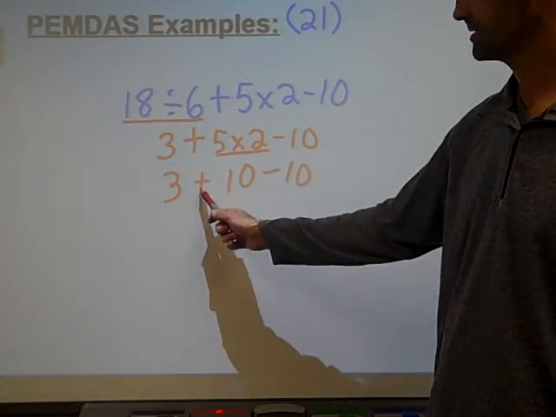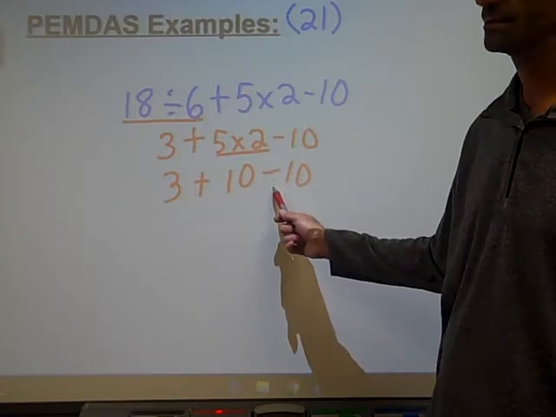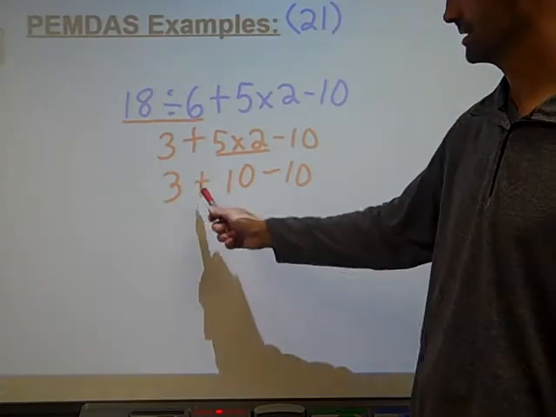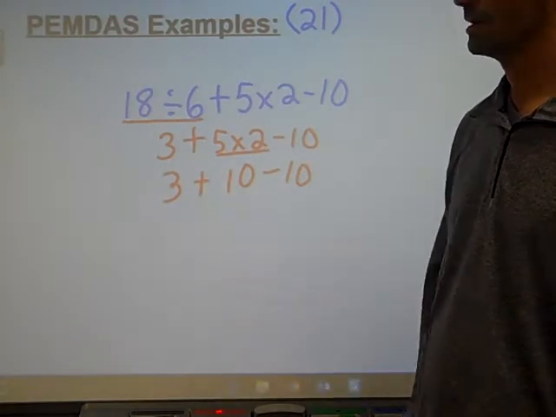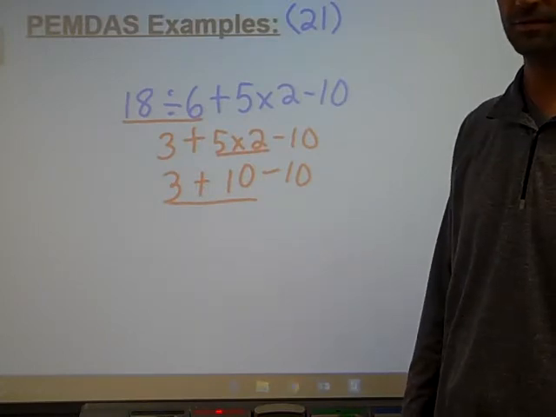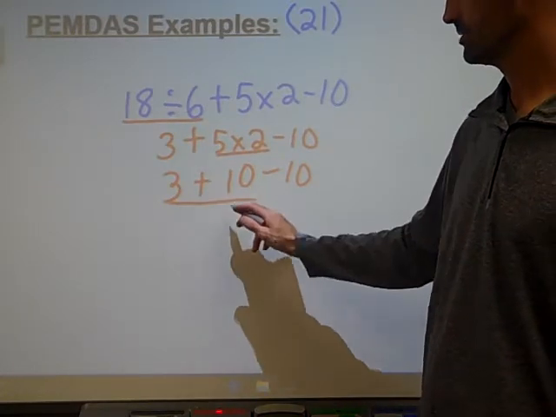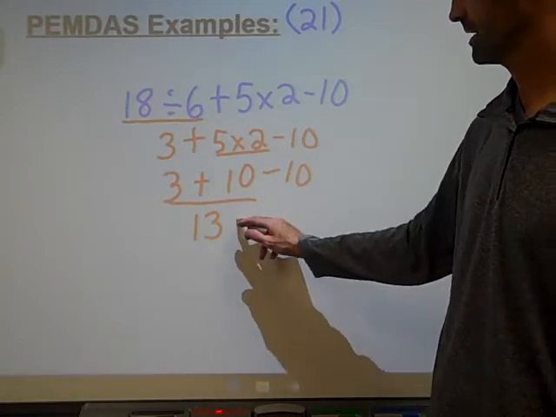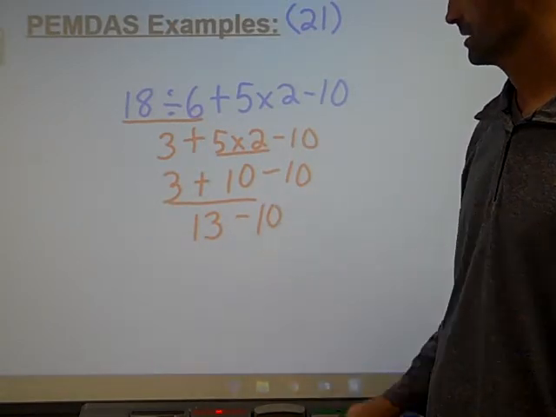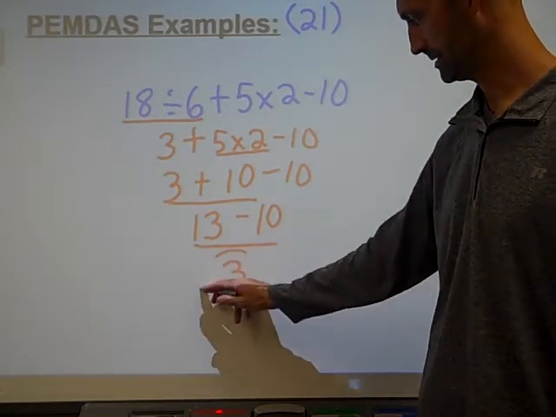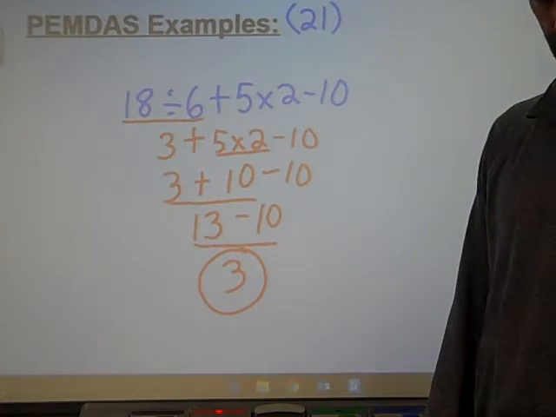No. Multiplication or division? No. Then we go to addition or subtraction. Yes, there's both. Which one comes first? The addition comes first, we underline that. 3 plus 10 is 13. Copy everything else. We have only one thing left to do. 13 minus 10 is 3.